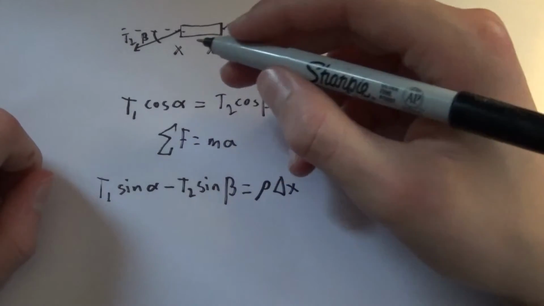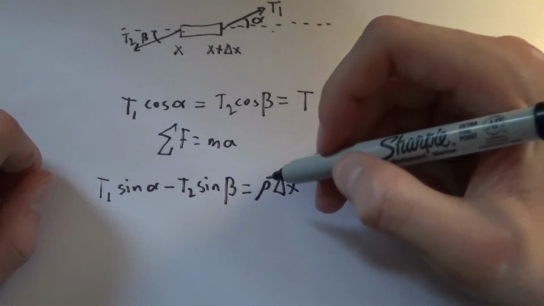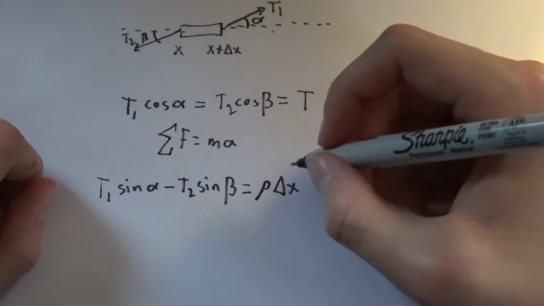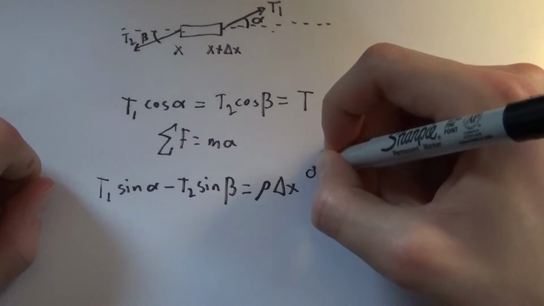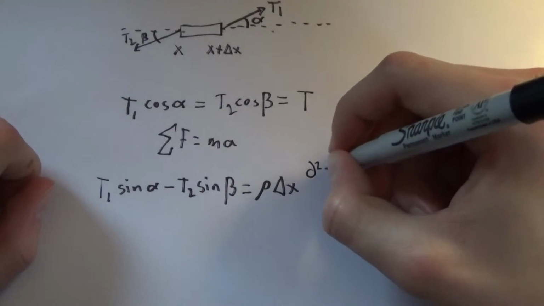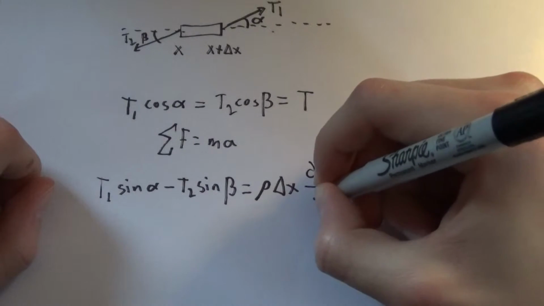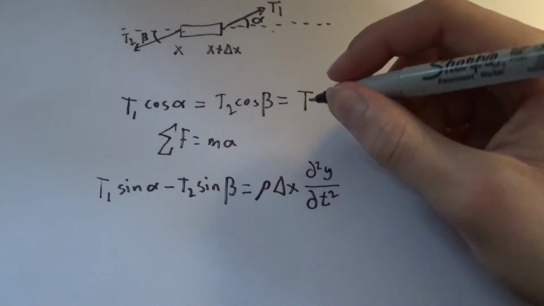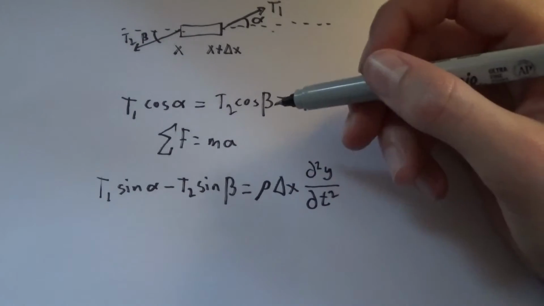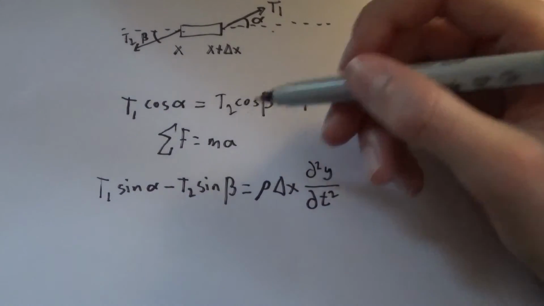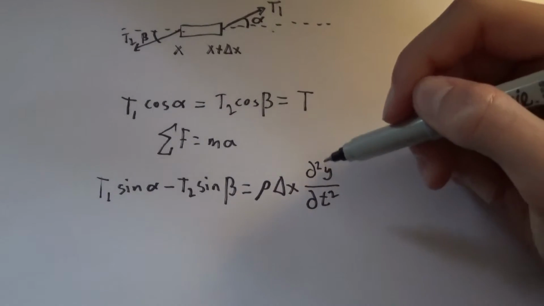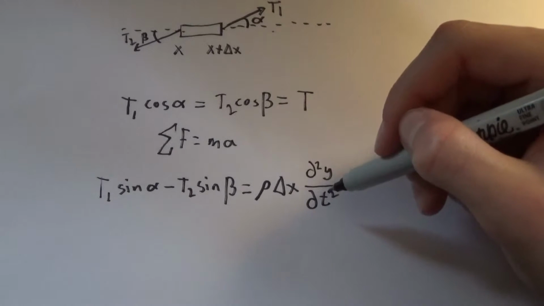And remember, delta x is the length. So the linear density is mass per unit length. This is the length. This is mass. And we can write acceleration as the second derivative of y with respect to time. If you know that velocity is rate of change of position, and acceleration is rate of change of velocity, then acceleration is the rate of change of the rate of change of position. And so that's where we get this.